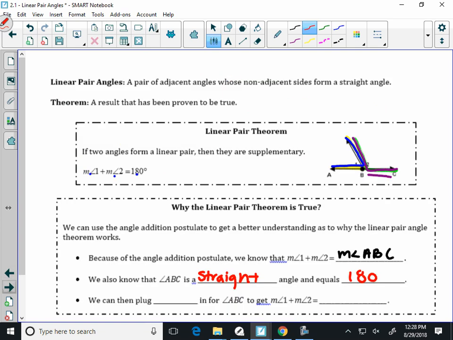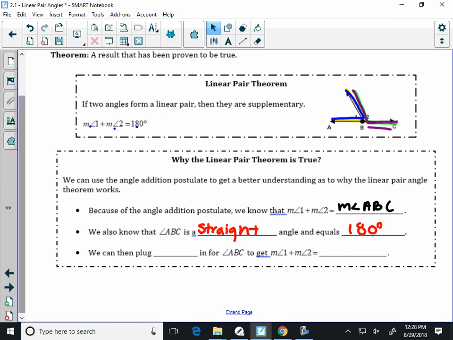Can't we do the same thing here? If we know this angle is 180 degrees, can't we just take 180 and plug it in for it? Yeah. Okay. So we can just take 180 and plug it in for angle ABC to get angle 1 plus angle 2 equals 180. So now here's what we did on the front.